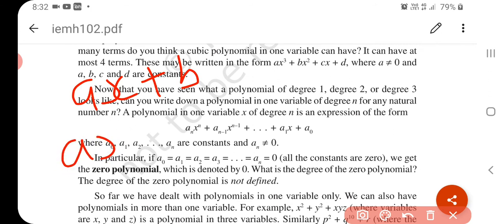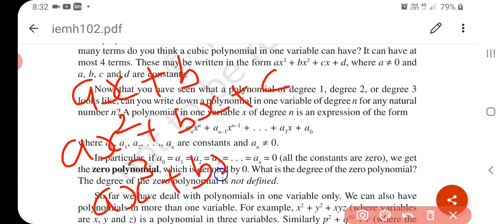For a quadratic polynomial, where the degree is 2, it is ax square plus bx plus c. If the degree is 3, it is in this form. So what is the general form if the degree is n?